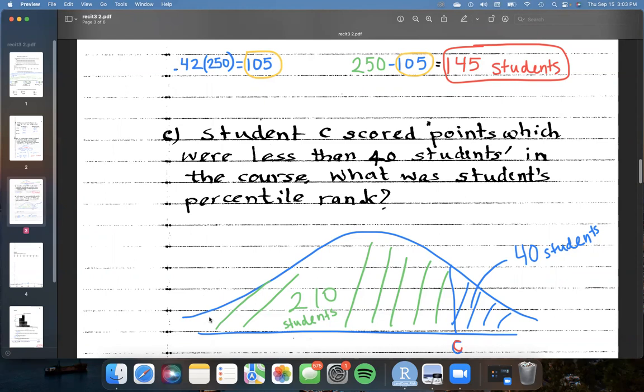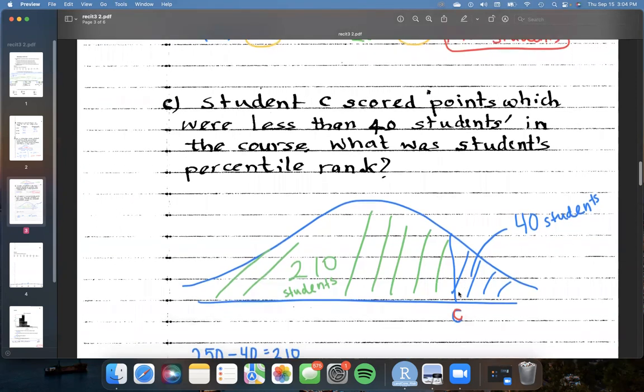Anyways, okay, so student C scored points which were less than 40 students in the course. If we were to draw the information we know, we would say student C did pretty good if we know that there's a total of 250 students and only 40 students did better than student C. So I just ballparked student C would be somewhere here under the curve, and we're given this information.